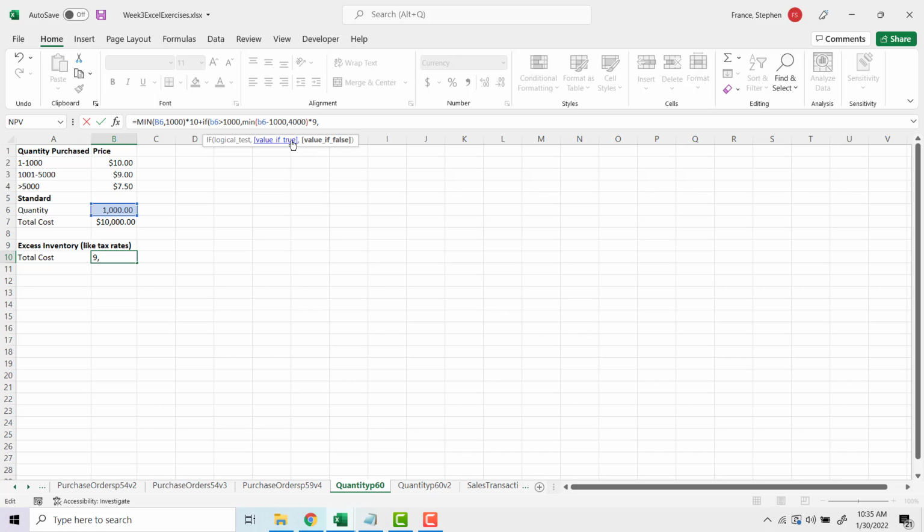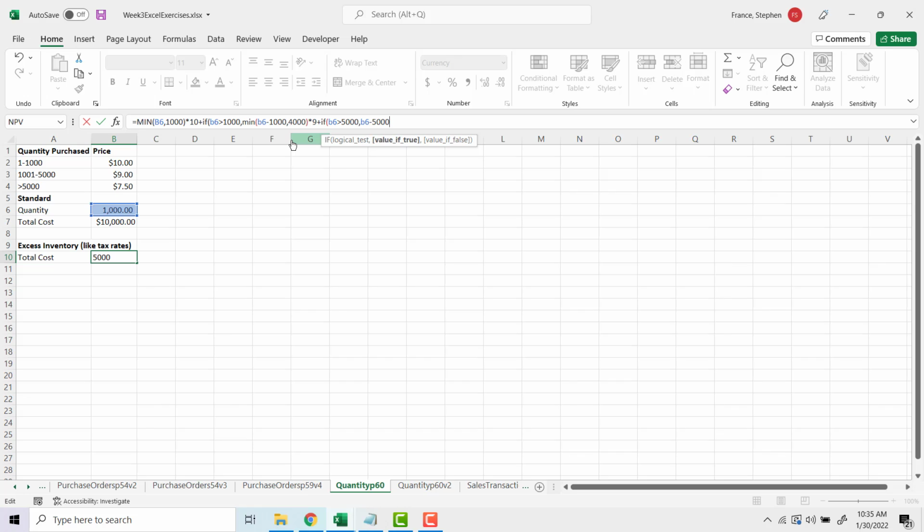And then the remainder is basically anything over 5,000. So we do if B6 is greater than 5,000, then it's going to be B6 minus 5,000. So it's everything over 5,000, and we have no upper bound this time. So this is actually simpler.